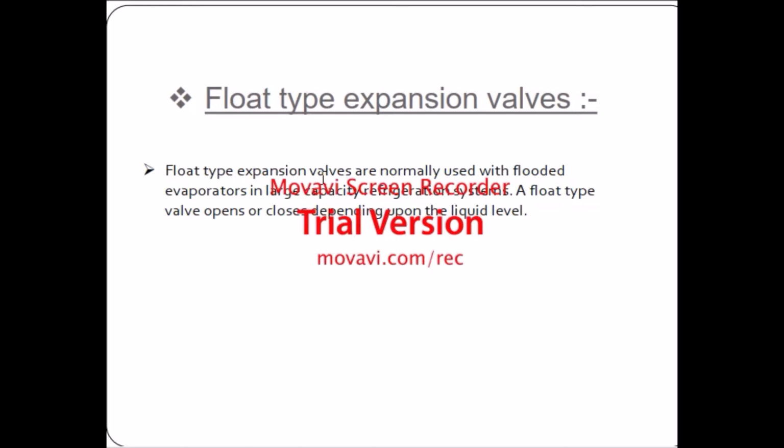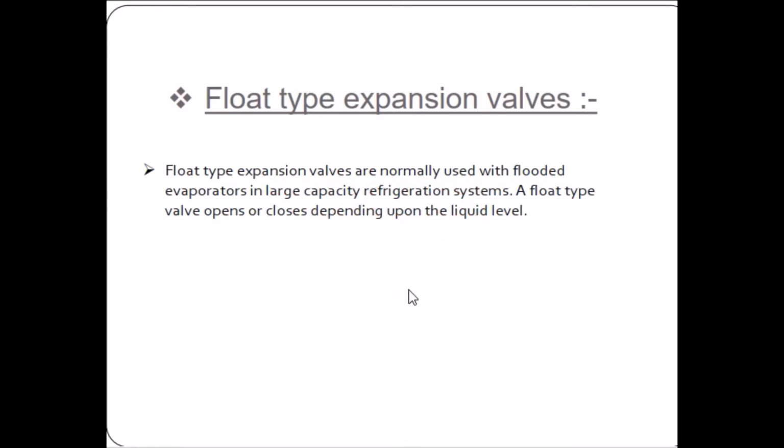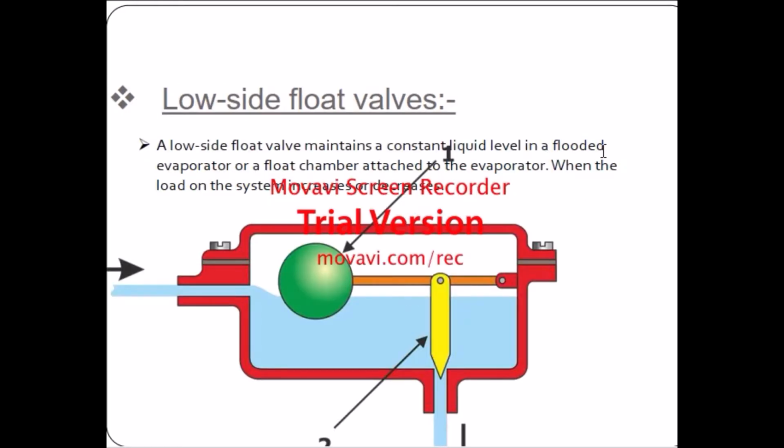Float type expansion valves are normally used with flooded evaporators in large capacity refrigeration systems. A float type valve opens or closes depending upon the liquid level. So we just control the level.